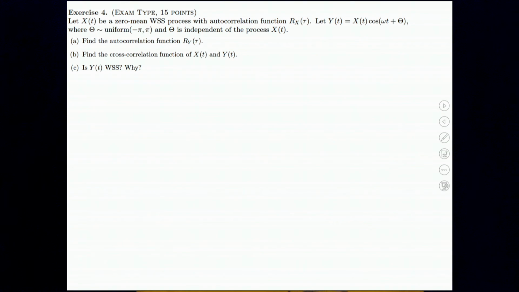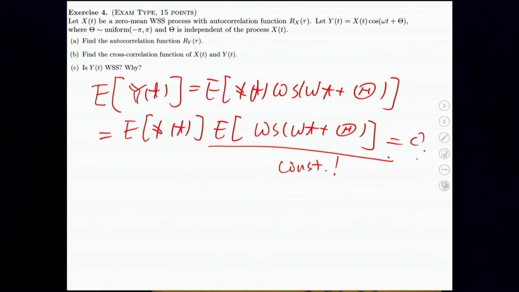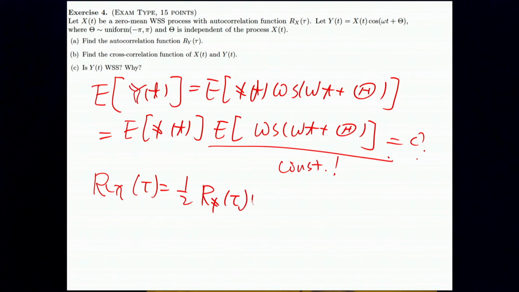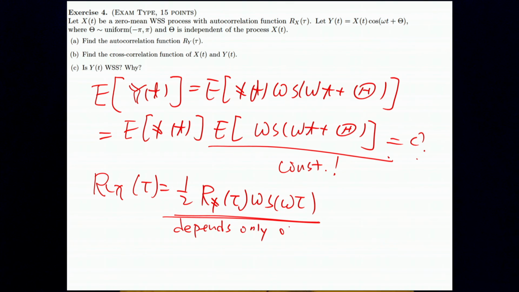Since the mean is constant, and the autocorrelation of Y we found in part A is the autocorrelation function of X times cosine omega tau, which only depends on tau and not on t. So the mean is constant, and the autocorrelation doesn't depend on t. It only depends on tau. So the random process Y is wide sense stationary.